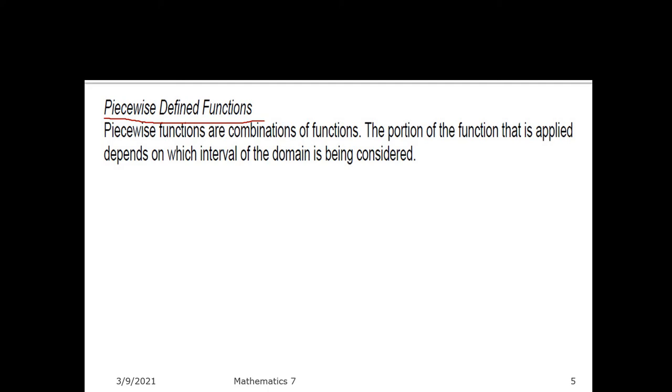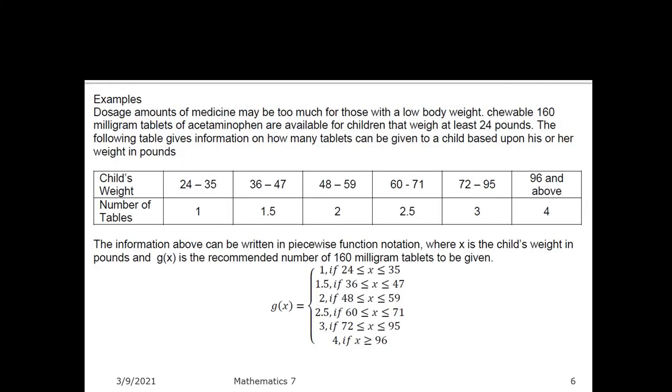So, example. The dosage amounts of medicine may be too much for those with low body weight. Chewable 160 milligram tablets of acetaminophen are available for children that weigh at least 24 pounds. At least, so minimum.